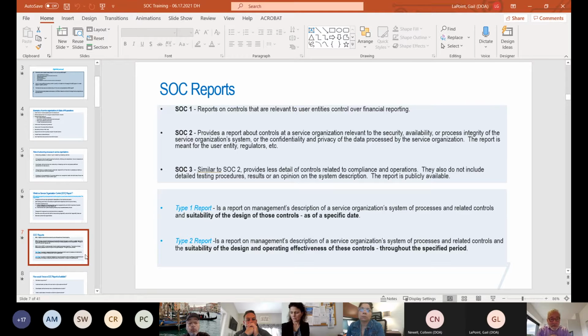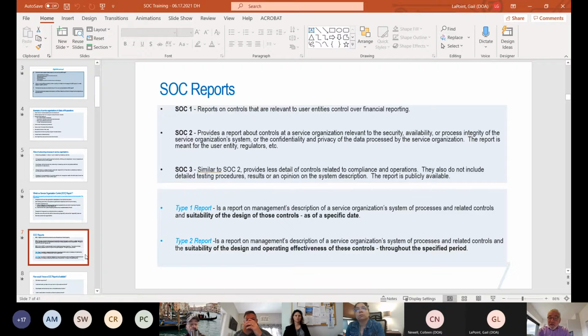So skipping over to slide 7, just quickly on SOC reports, you'll hear some of this language thrown out there: SOC 1, SOC 2, SOC 3, Type 1, Type 2. So to make this simple, we could probably spend more time on this, but I don't think it's going to help you that much. So SOC 1 reports are relevant to user entities' control over financial reporting.